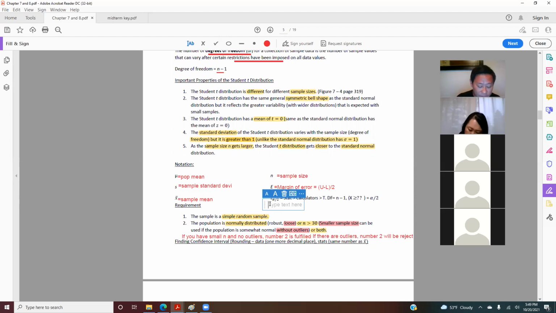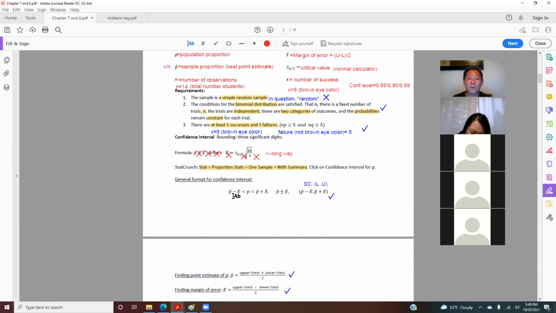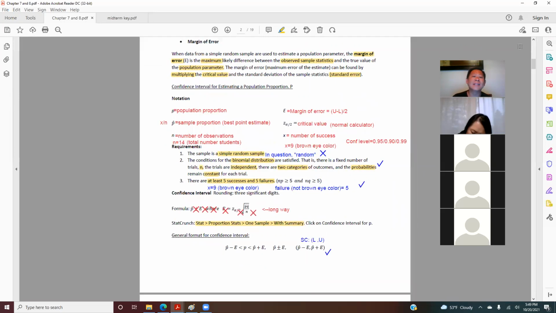T alpha over 2 is called the critical value. Now, if you compare this with 7.1, the previous section, the critical value that you have over there is not T alpha over 2, it is Z alpha over 2. See that? Okay.